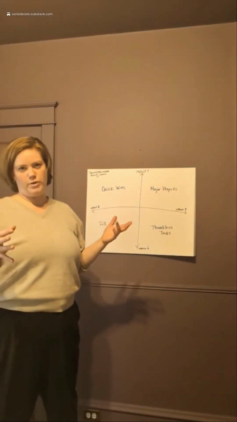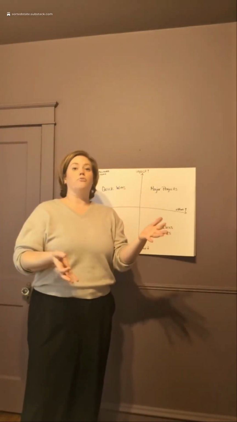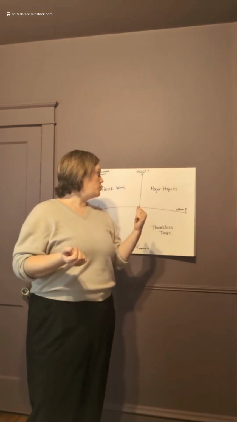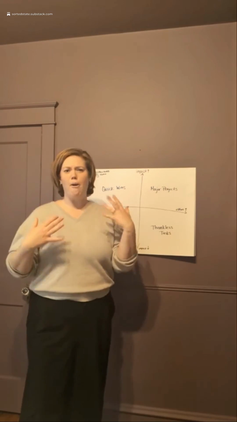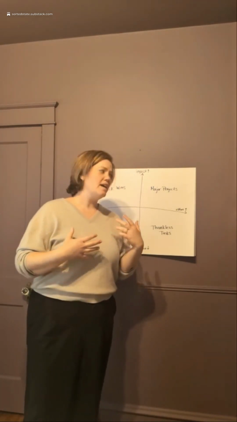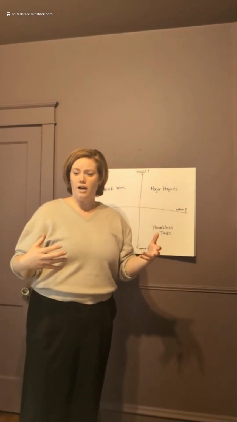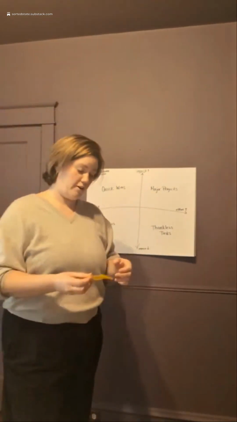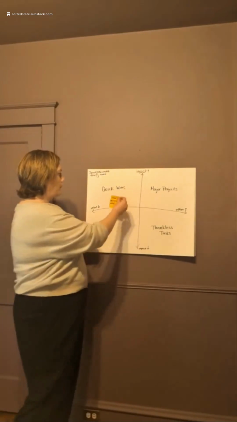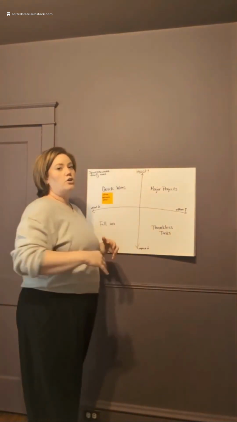So let's say I'm going to go through an example of people on Substack writing a newsletter. And you're trying to decide, this is what my newsletter is going to be about. I want to make sure it's core to my values. I want to make sure that it's impactful for the customers. So things that are going to really make an impact with very little effort would be something like updating your welcome email.